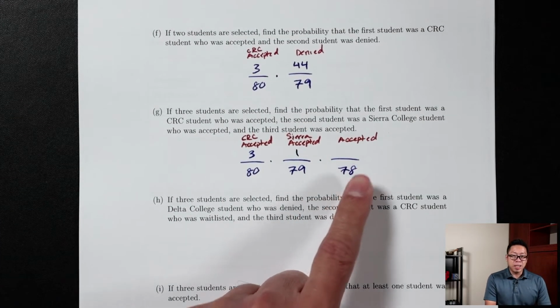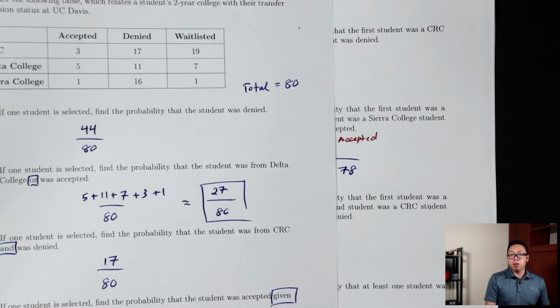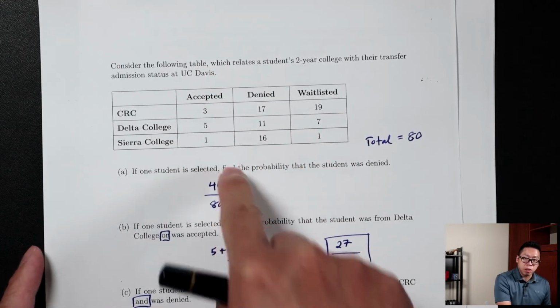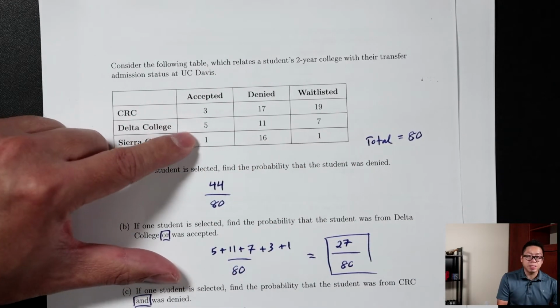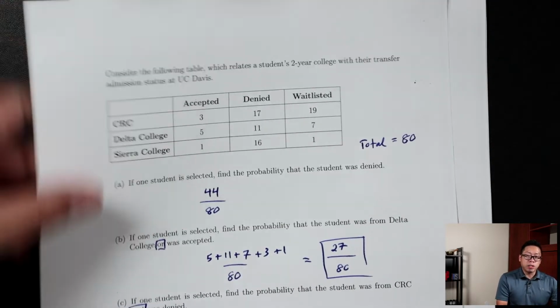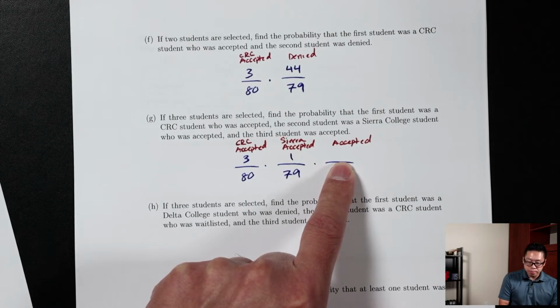For the last student, accepted without any college specified. So accepted without any college specified would be the entire column. So the entire column would be 3 plus 5 plus 1. That's 9. Now, the question is, do I have to reduce? And the question we're going to ask is, have we used any accepted yet? And the answer is yes, we have, right?